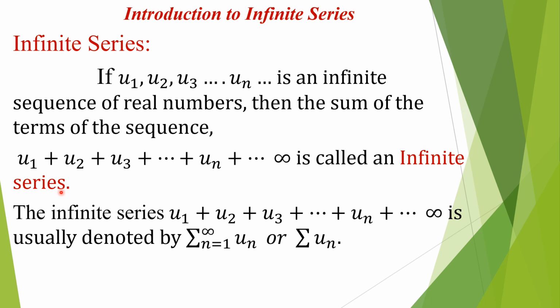So infinite series is defined from an infinite sequence of real numbers if we take their addition of terms. The infinite series u1 + u2 + u3 + ... + un + ... up to infinity is usually denoted by summation of n equals 1 to infinity un, or summation of un. So this is a short notation, summation of un. So this becomes an infinite series.